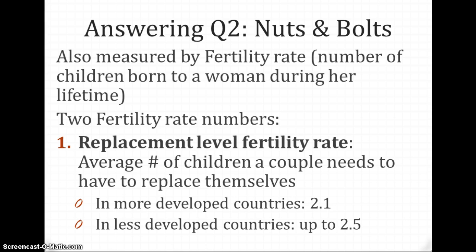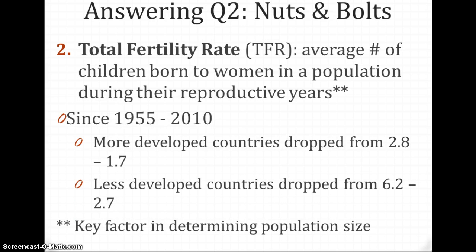But then we'll move on to total fertility rate, or TFR, which is the more emphasized measurement. That is the average number of children born to a woman in a population during her reproductive years. So how many babies does a woman have once she's hit reproductive age until menopause, when she stops being able to reproduce?